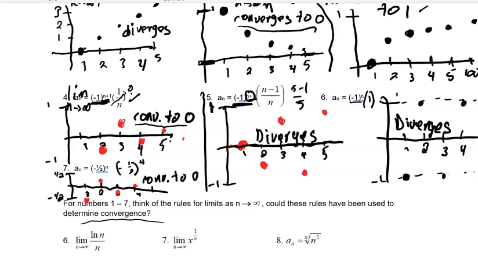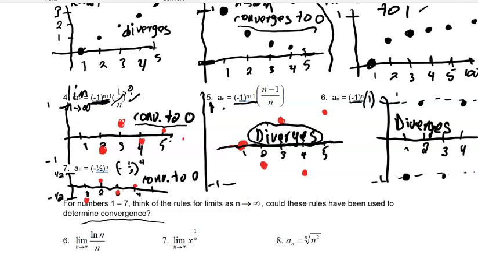However, when we go to this next problem, let me create this so we can see it a little bit better. We have the alternating part. So this is going to bounce us back and forth between positive, negative, positive, negative. Notice how this one diverged.